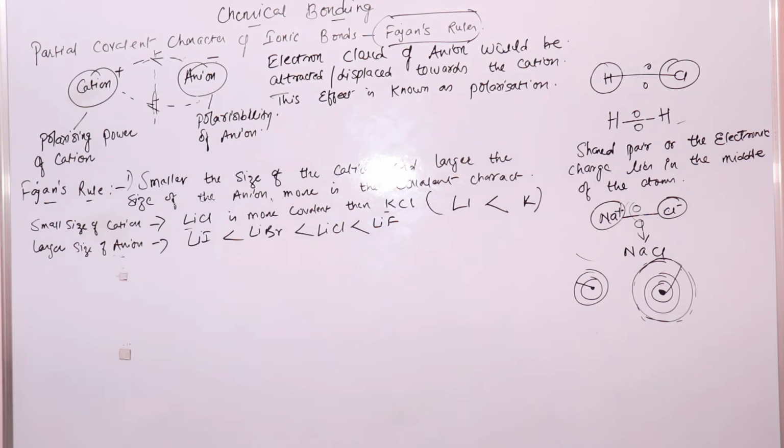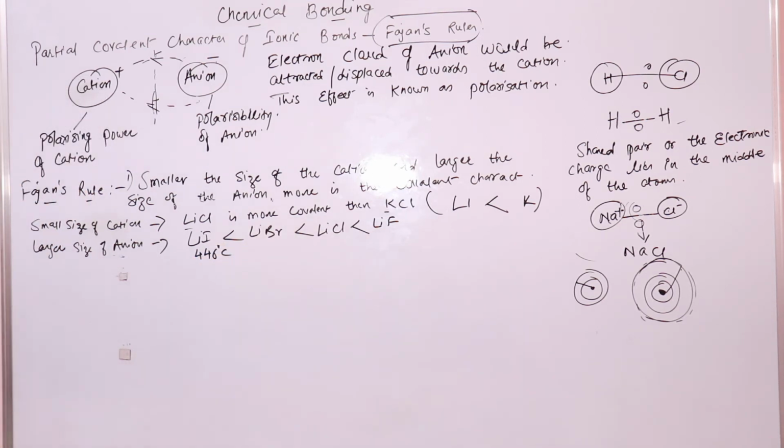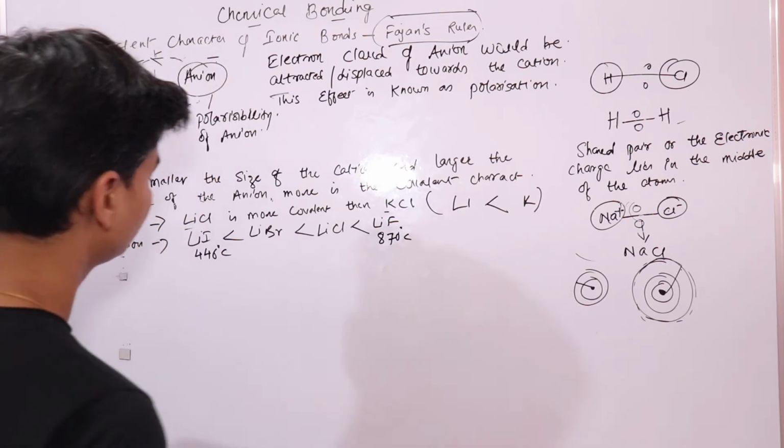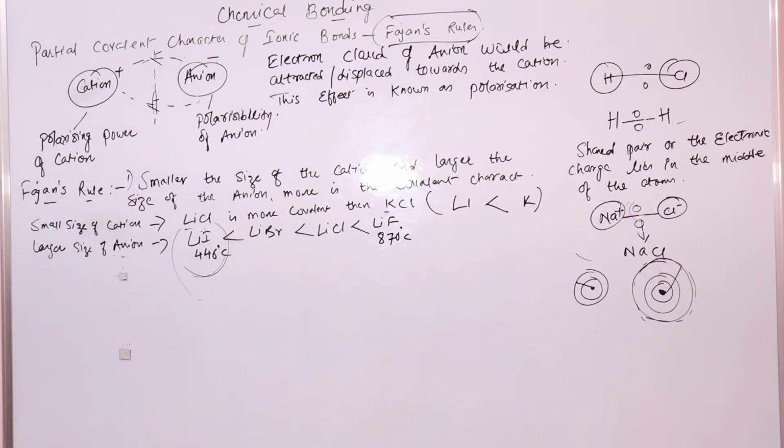This explains to us that the size of the anion affects the covalent character. If you look at the melting point, this has the melting point 446 degrees Celsius, and lithium fluoride has the melting point 870. So this has maximum covalent character.